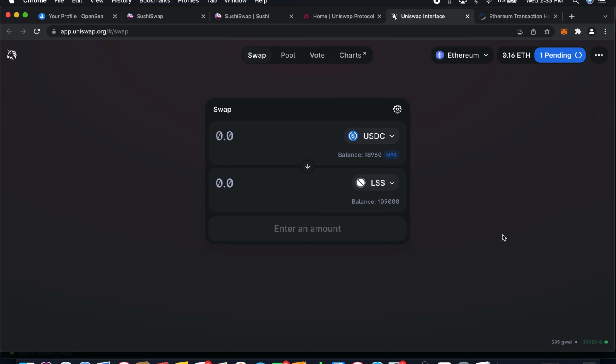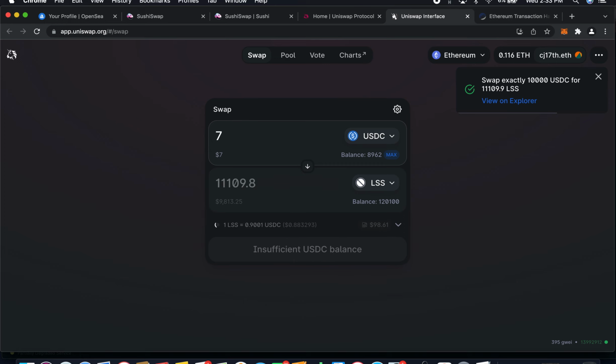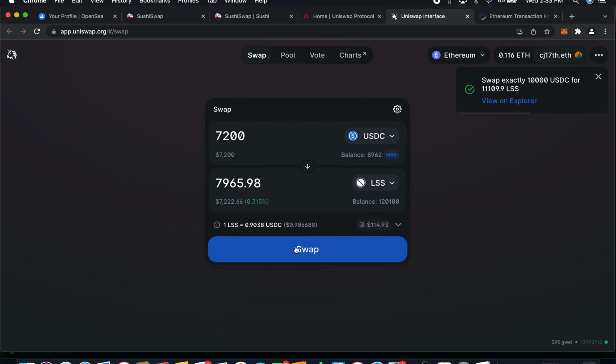Yeah, I know sometimes this is annoying. Sometimes little things like this happen. Sometimes you have to go on different routes. Okay, boom, it worked. All right, so then I can run it one more time. So we'll do like 7,200.